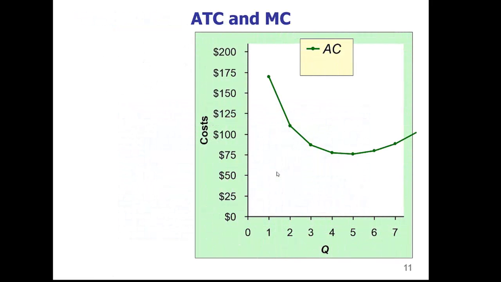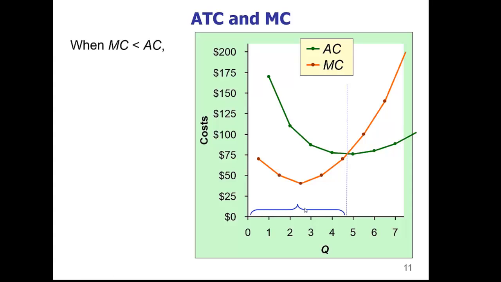Now there's a special relationship between average cost and marginal costs. I've drawn in this dotted line here to show you where they intersect, and that is going to be at the minimum point of the average cost curve, which remember has that U shape. Why is this so?